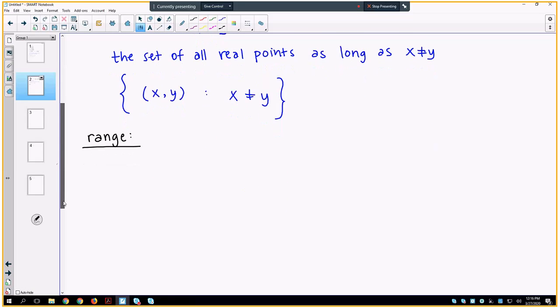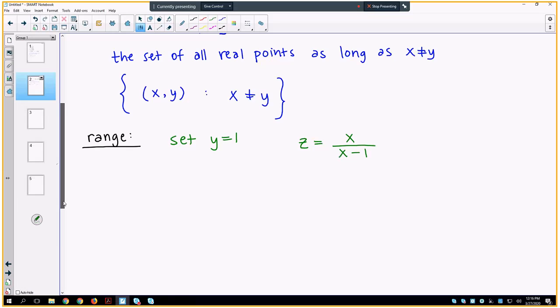So the first thing I notice is that because my function is z equal to x times y over x minus y, if I put one of my variables equal to 1, then my function becomes quite a bit simpler. It becomes x over x minus 1.